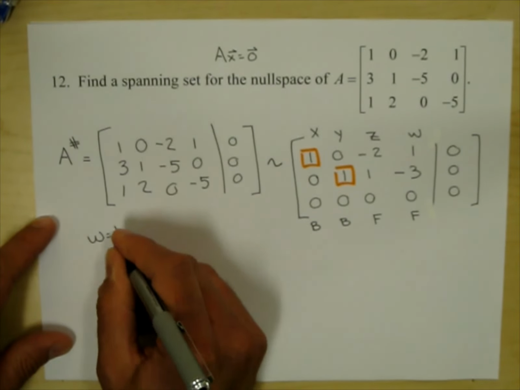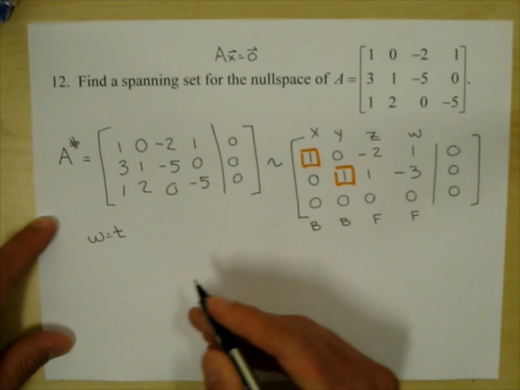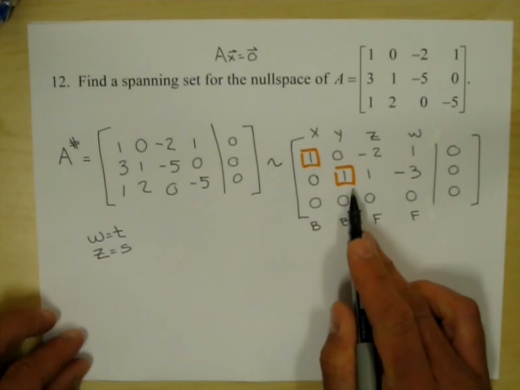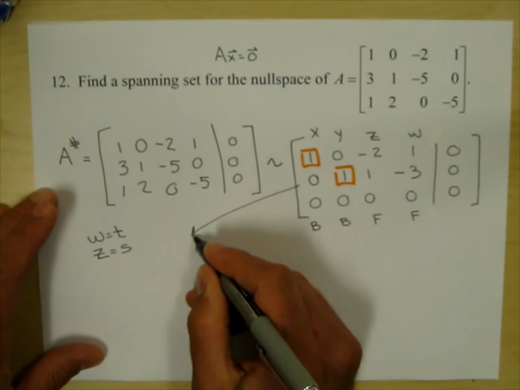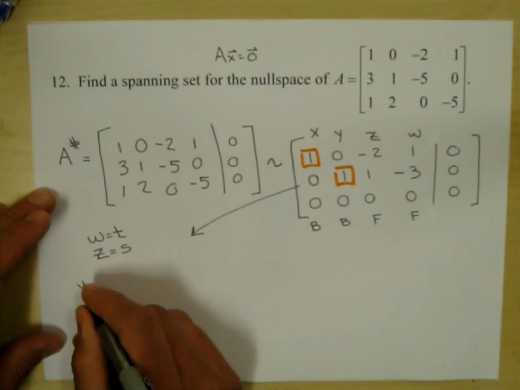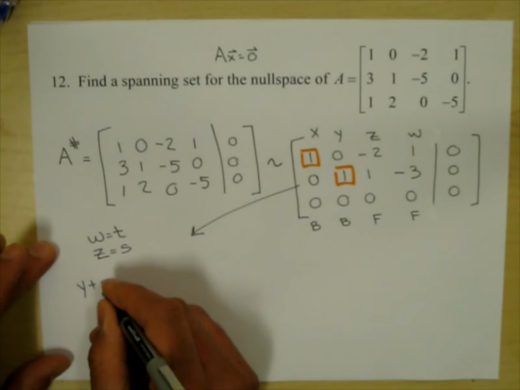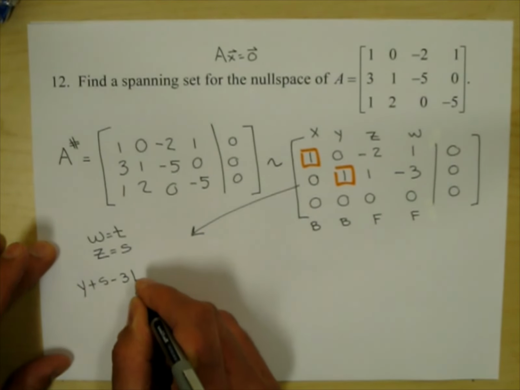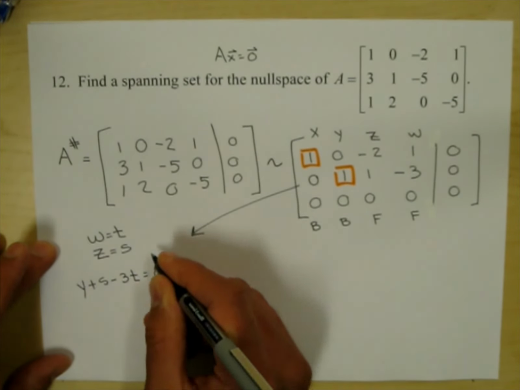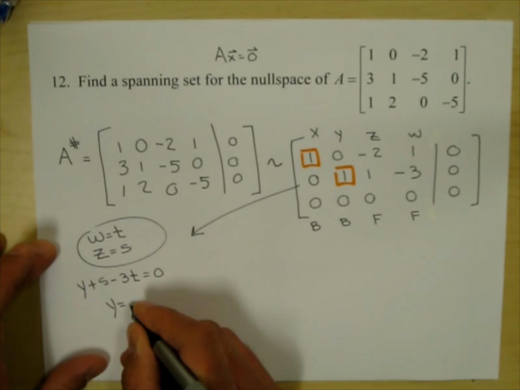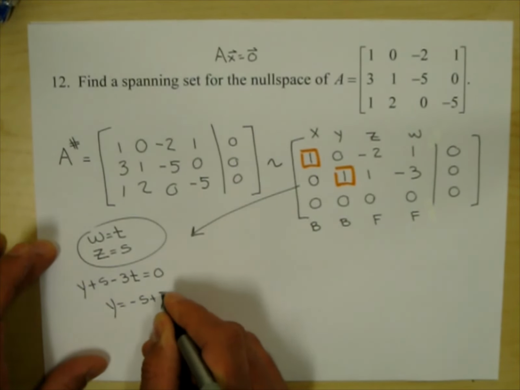W equals T, because it's free. Z equals S. The second equation here gives me that Y plus S minus 3T equals 0. So Y is going to equal negative S plus 3T.